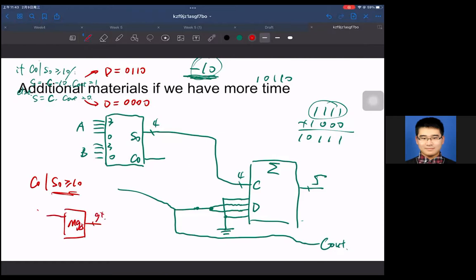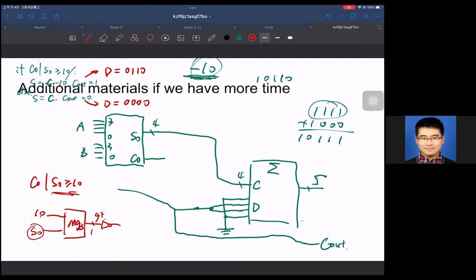I can put 10 over here, put SO over here, and put a NOT gate over here. It makes sense, right? So this is going to be 1 if SO is greater than 10. You could put 9 instead of 10, so that it's greater than or equal. Okay, that will work too.